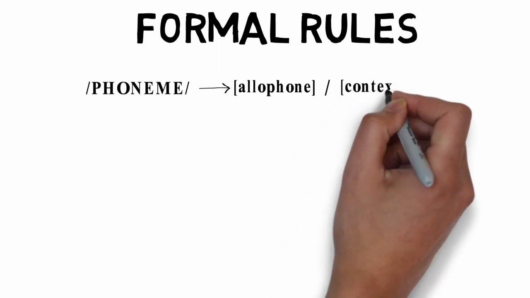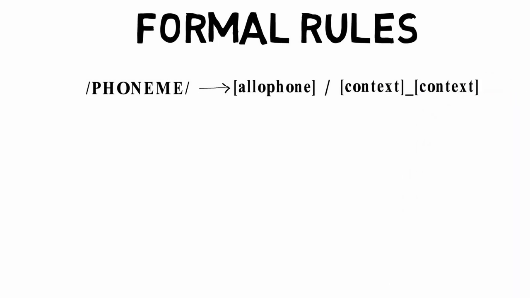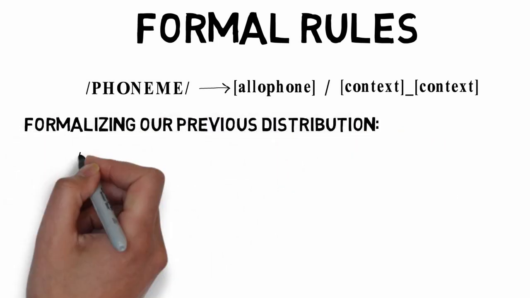And then we give our context. Here I've written context underscore context, where the context before the underscore is the preceding context and the context after the underscore is the following context. In total, we can read this as a phoneme becomes a phone when between a preceding context and a following context.